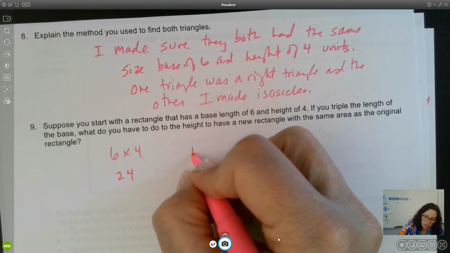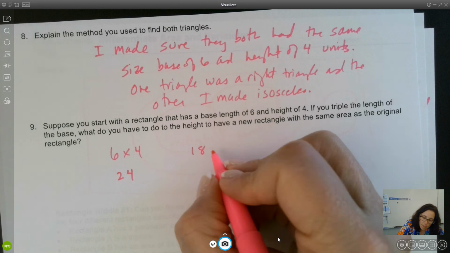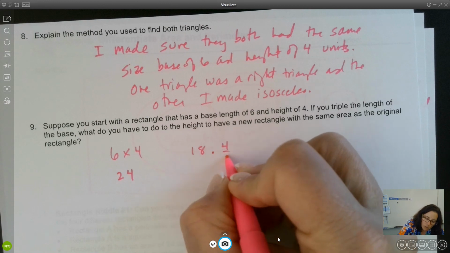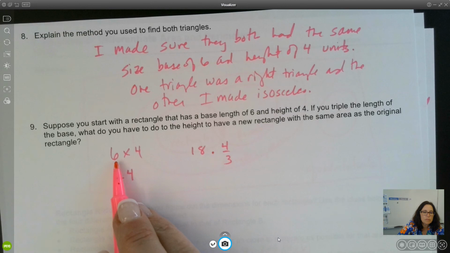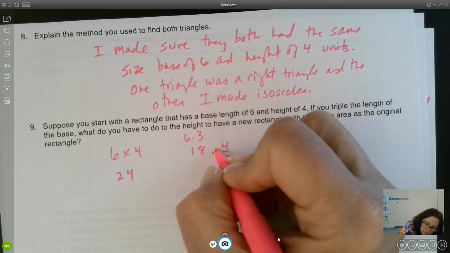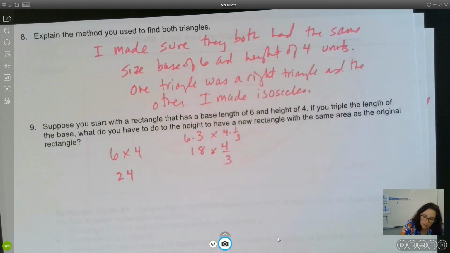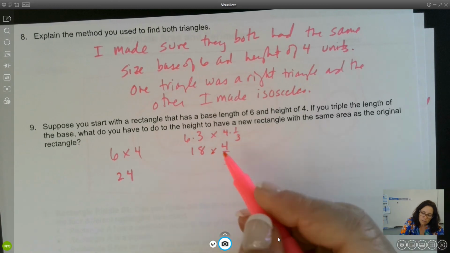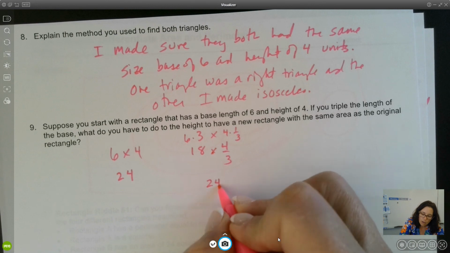If I triple the length of the base, wouldn't I have to take a third of this one? So I tripled this. And then 4 times a third. Okay, so if I have 18 over 1 times 4 thirds, that would end up being 24.